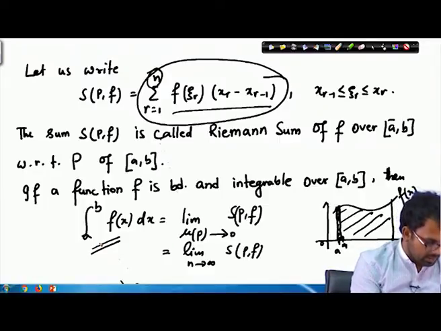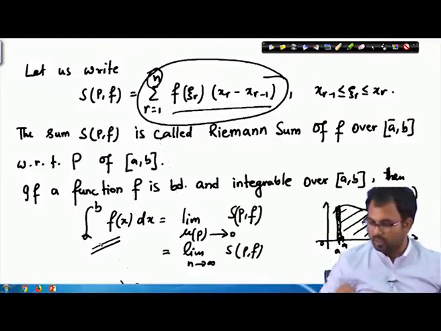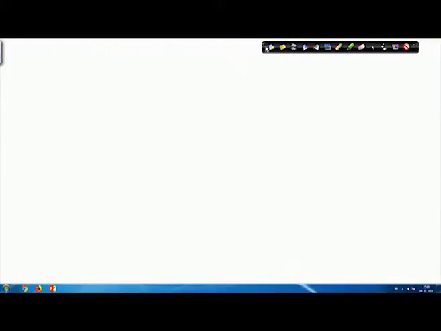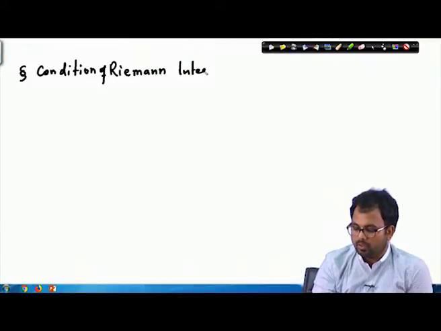Now that we know how Riemann sum is related to definite integral, we'll jump to a new result, where we look into the condition of Riemann integrability.